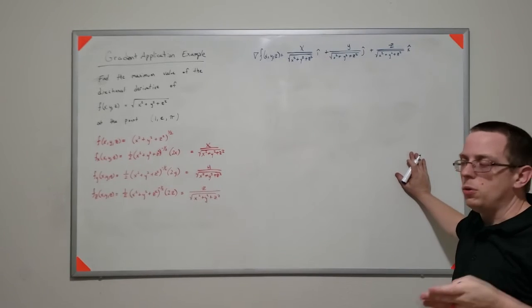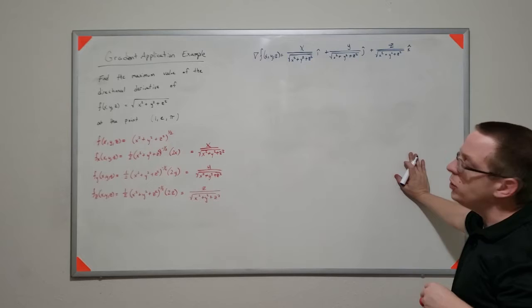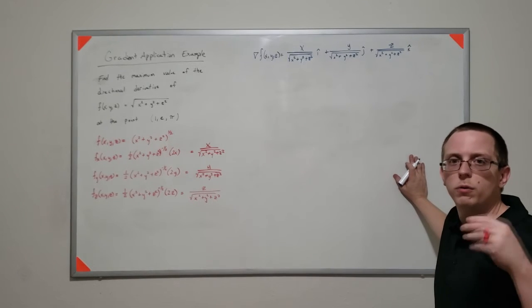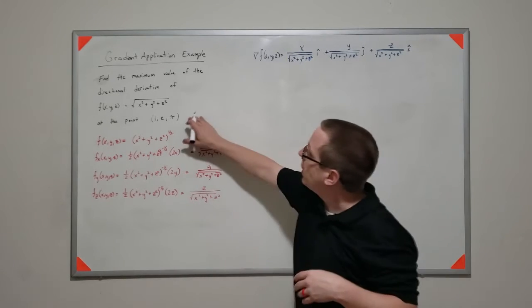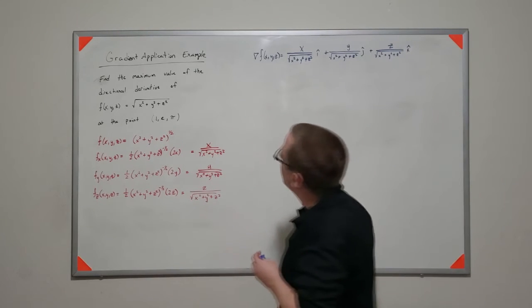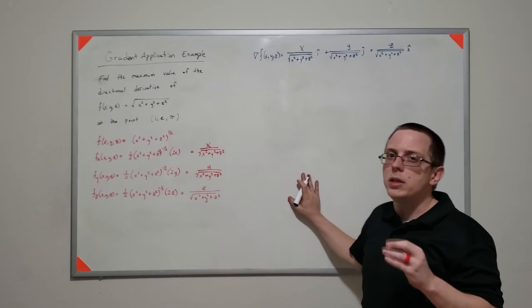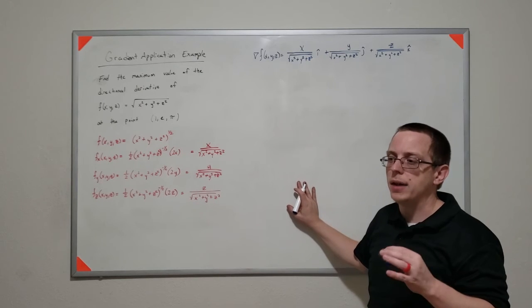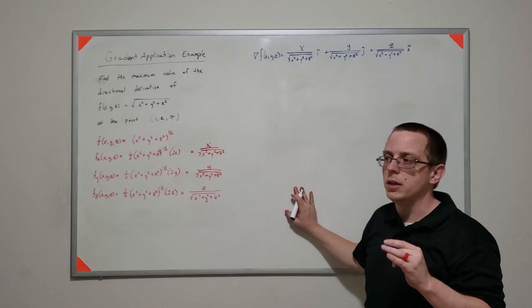So the normal way to do this is to go ahead and plug in the point to the gradient. But what if we instead got the magnitude of the gradient?